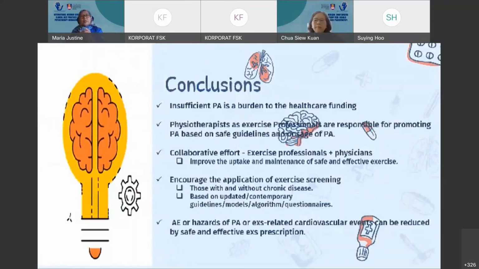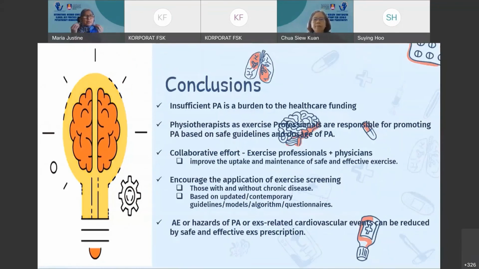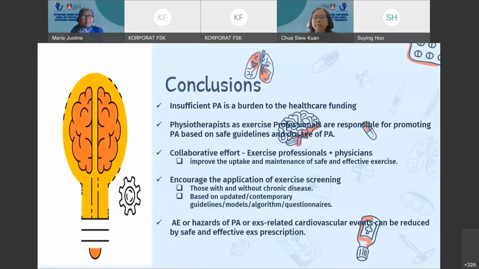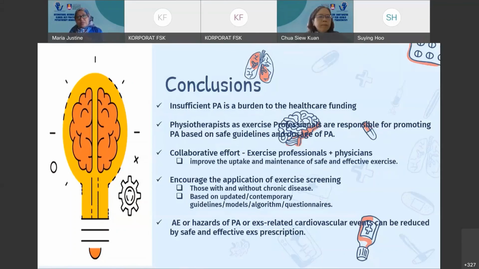Okay, so as a conclusion, we know that insufficient physical activity is a burden to healthcare funding. It is very costly to pay the medical bills for populations with many types of diseases, as I presented earlier about what is happening in Malaysia. Physiotherapists are educated exercise professionals who can encourage and motivate participation in physical activity based on safe guidelines and effective dosage of physical activity.